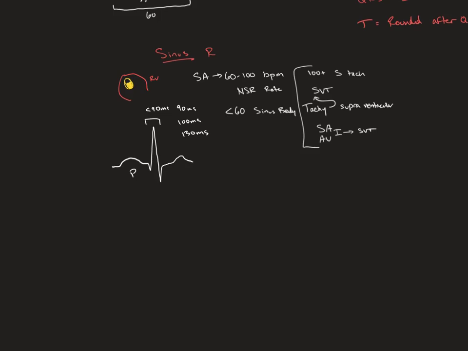The reason this is called a sinus rhythm is because it's originating from the SA node. So if you have reason to believe it's coming from the SA node, you can call it a normal sinus rhythm, or a sinus tach, or a sinus Brady.